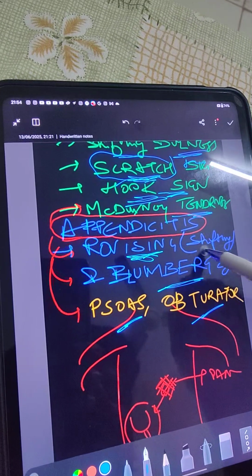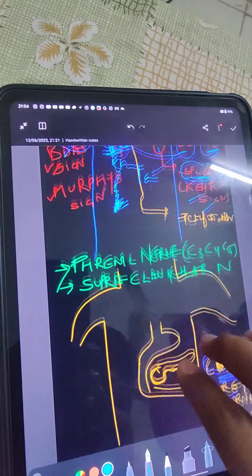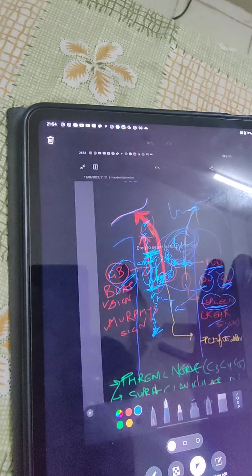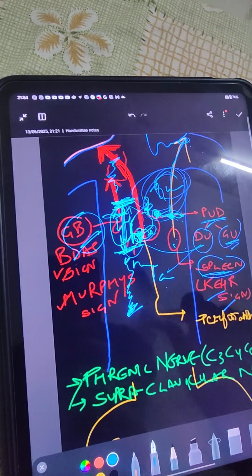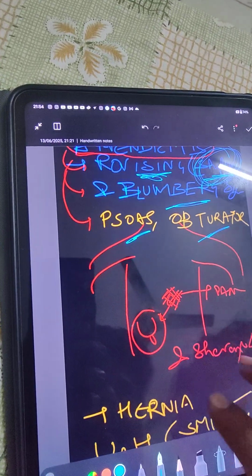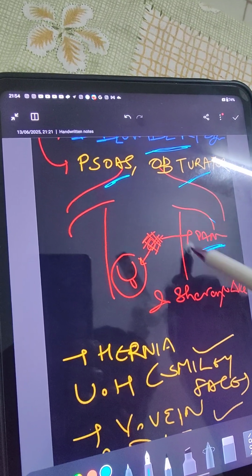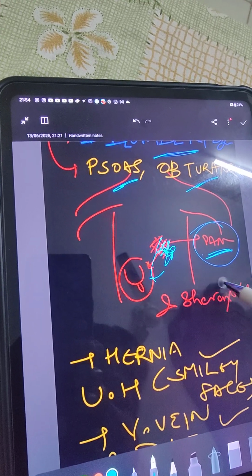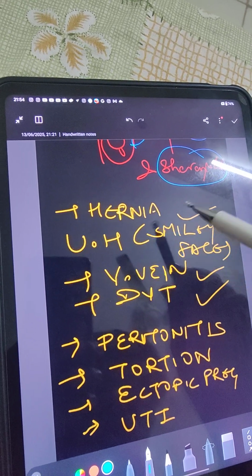Rovsing sign: if you palpate or press the left iliac region, then pain will radiate to the right iliac region because of bowel movement. In appendicitis, pain is mainly present in the umbilicus region in the beginning. After that, it shifts to McBurney's point. These are the conditions we will find.